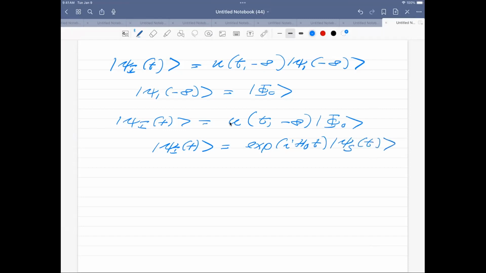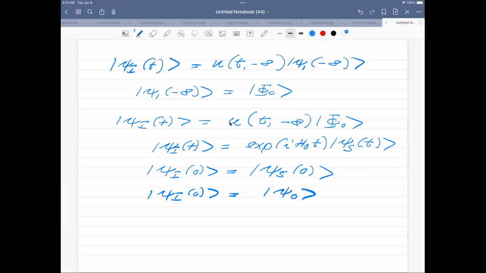And then we also have that psi of I at time 0 is equal to the solution in the Schrödinger picture at time t0, when we just put in time t equals 0. This is something which we discussed partly last week. So that means that for the ground state, psi of I of 0 is actually equal to psi 0, the exact solution at t equals 0.